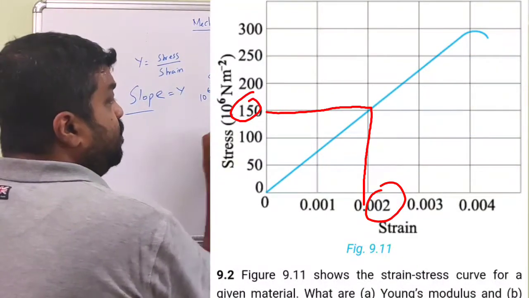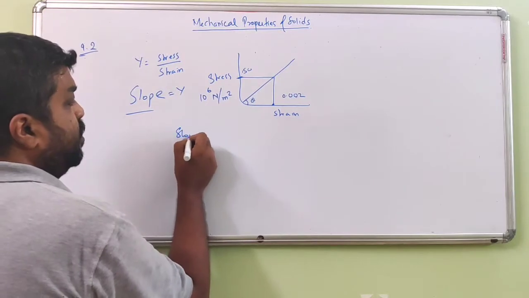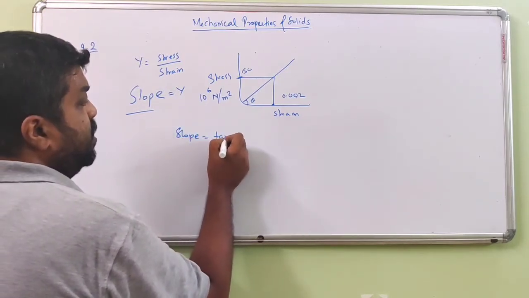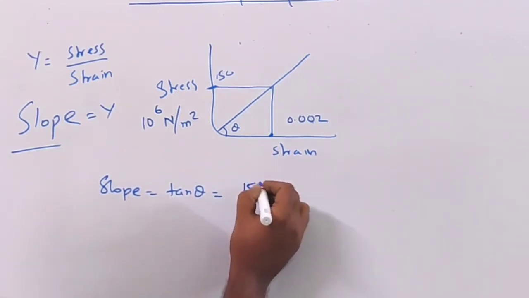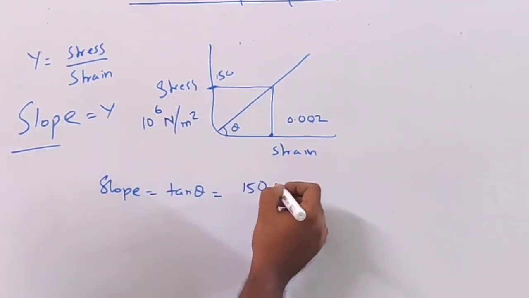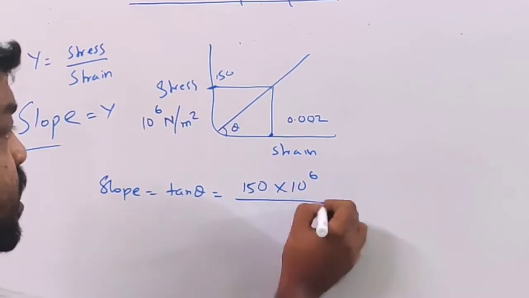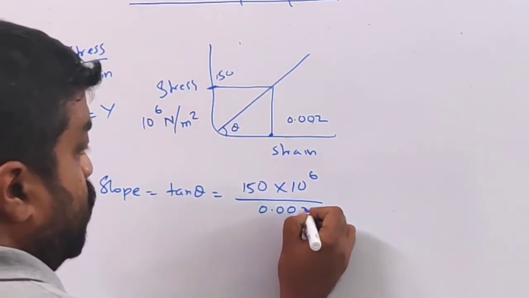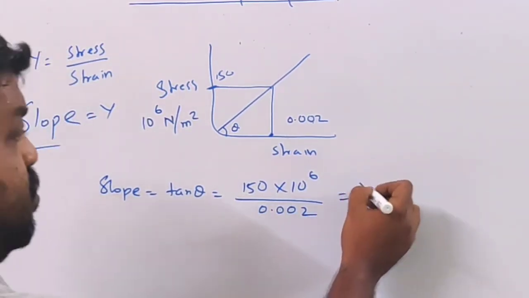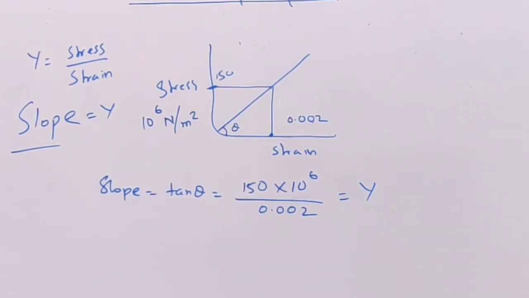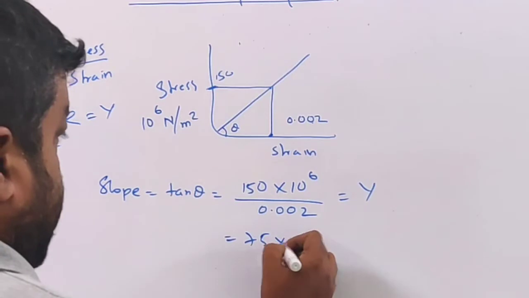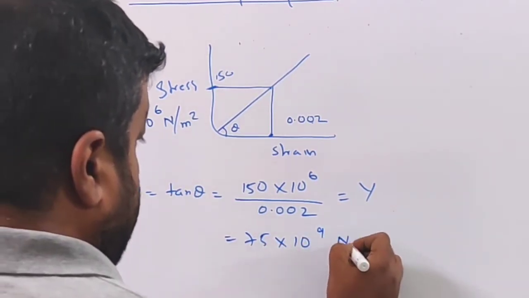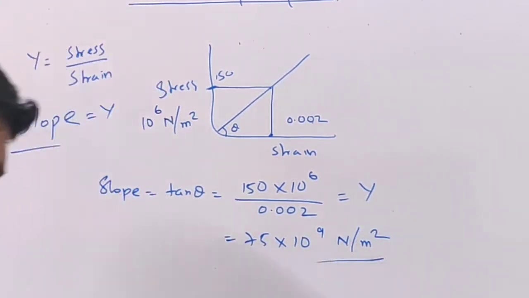Slope is equal to tan theta, which is perpendicular by base, so that is 150 into 10 power 6 divided by 0.002. This is equal to the Young's modulus. If you simplify this, it is 75 into 10 power 9 Newton per meter square.